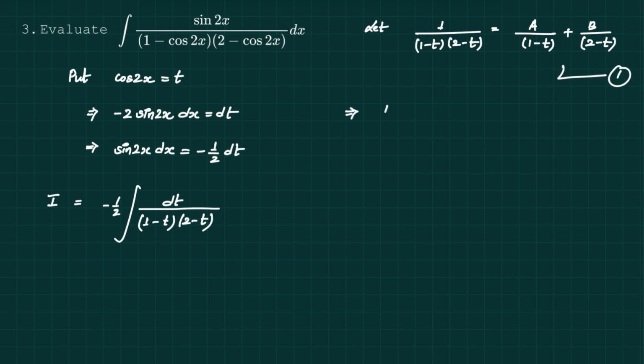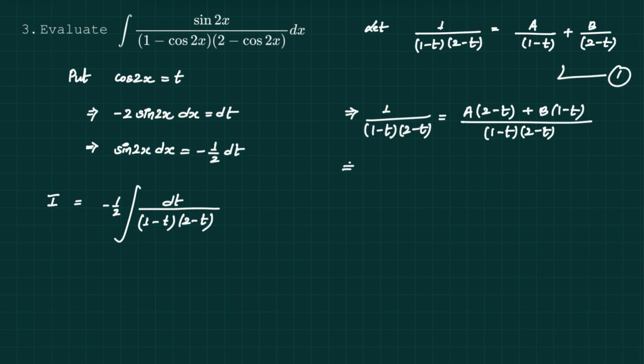So this implies, taking LCM, we have (1 minus t) into (2 minus t), and on numerator we have a into (2 minus t) plus b into (1 minus t). Now since the denominators are same, the numerators should also be same, implies 1 equals a into (2 minus t) plus b into (1 minus t).